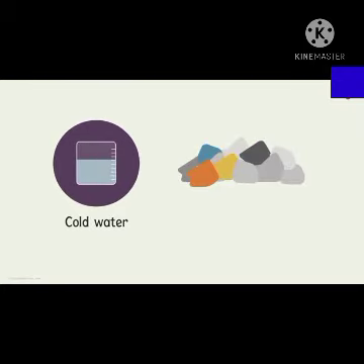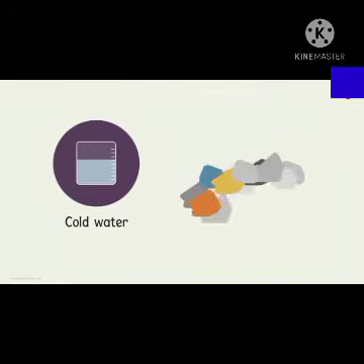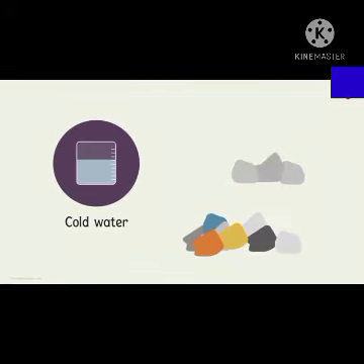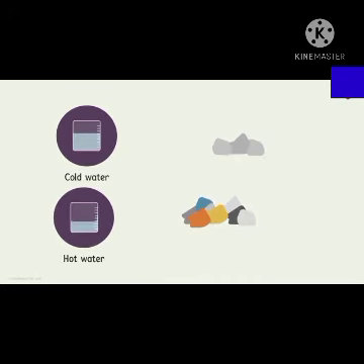First, we take a beaker half filled with cold water and see how the metal reacts with it. Some of the metals will react with cold water, but most of them won't. Out of those metals which did not react with cold water, we will try to add them to hot water and see how they react.